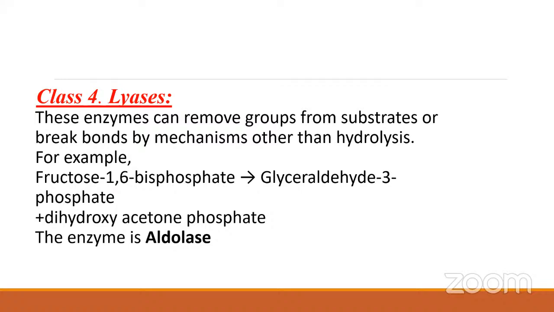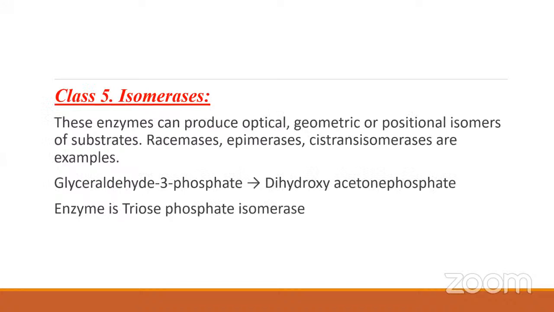An example given is a reaction you will be familiar with: fructose 1,6-bisphosphate is converted into glyceraldehyde 3-phosphate and dihydroxyacetone phosphate by the action of the enzyme aldolase, which belongs to the class lyase. It breaks down one molecule of fructose 1,6-bisphosphate into one molecule of glyceraldehyde 3-phosphate and one molecule of dihydroxyacetone phosphate.